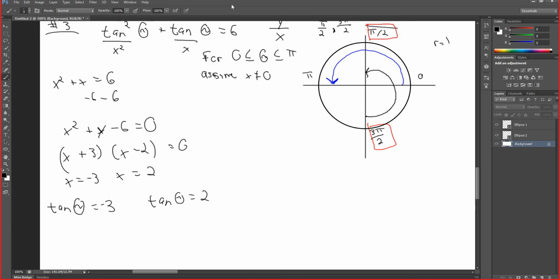We can just use the inverse functions that we've learned. So in this case, I could just take tan inverse of both sides. I'd have theta is equal to tan inverse of -3. And I'd have theta is equal to tan inverse of 2.